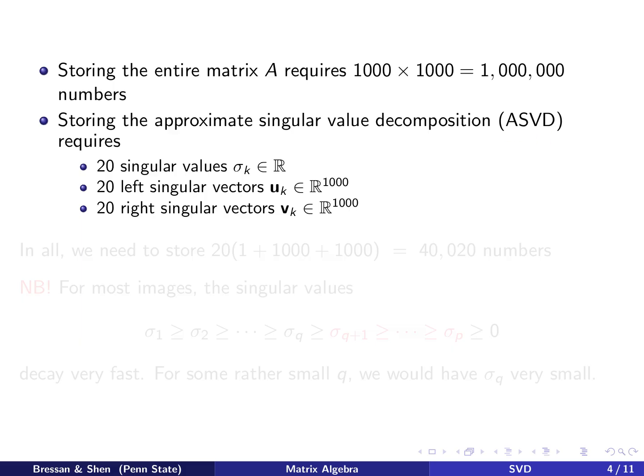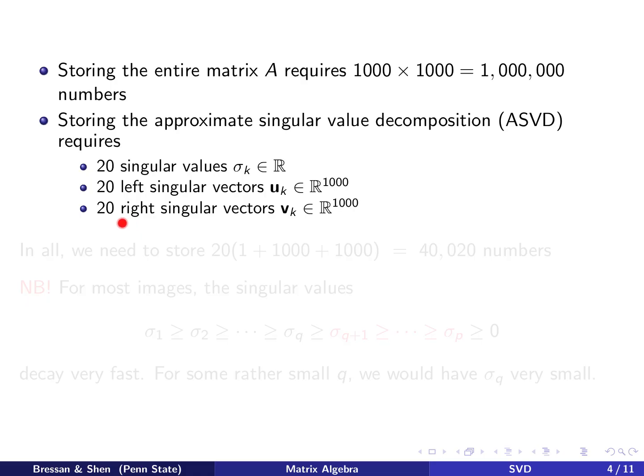Well, we just need 3 sets of information. So 20 singular values, that's 20 numbers, and then we need 20 left singular vectors uk, where each uk is a vector of length 1000, so this will be 20 times 1000.